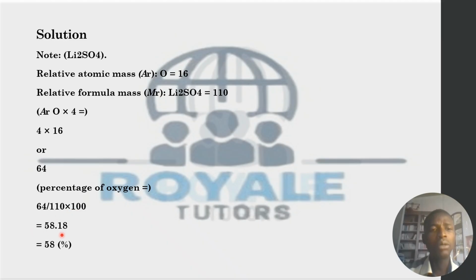When you calculate everything, you have 58.18, so you can leave it as 58.18%, because you're told to leave the answer in 2 significant figures. So this is correct. You multiply by 4 because you have 4 oxygen here.